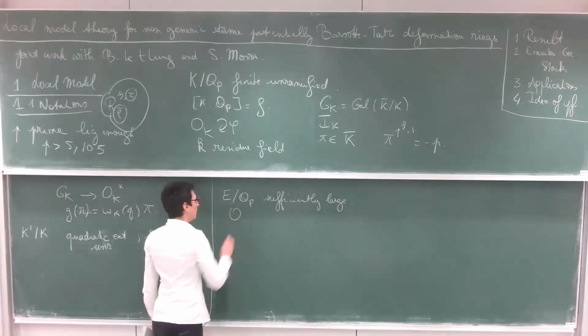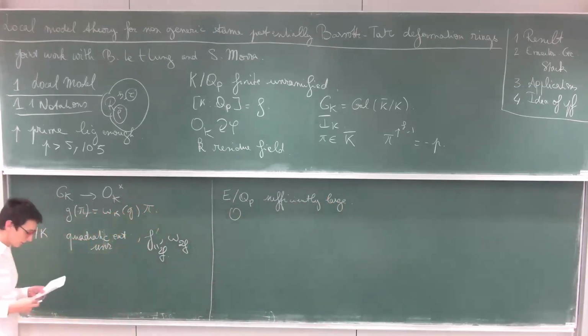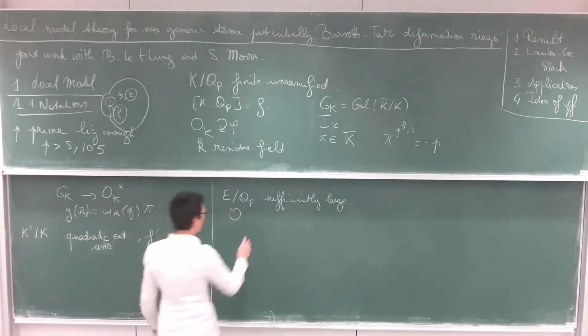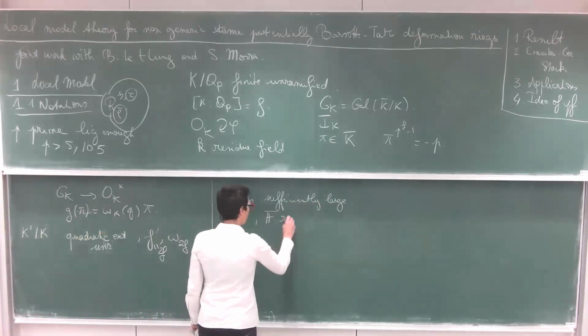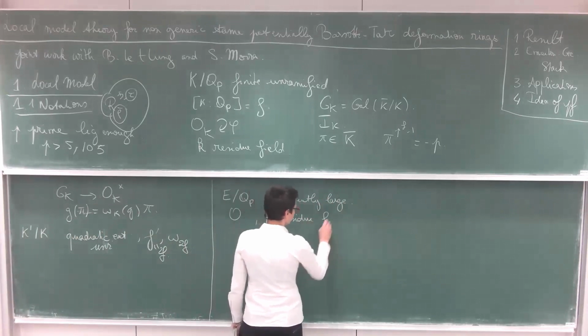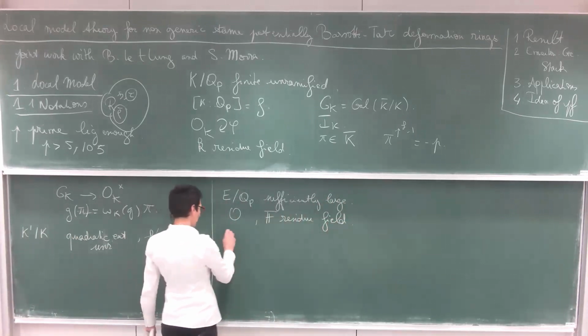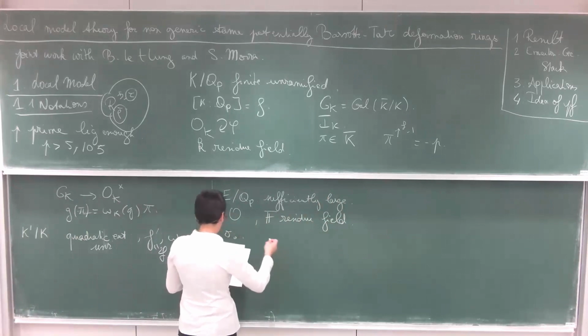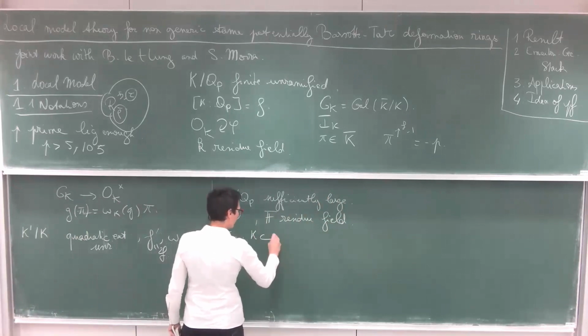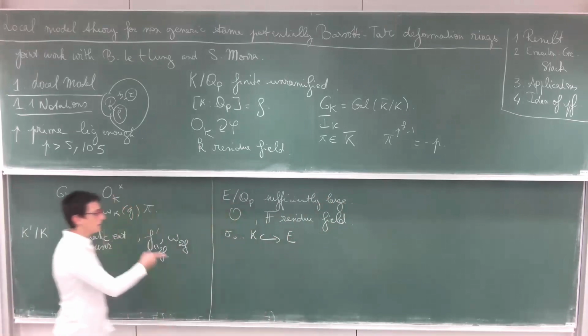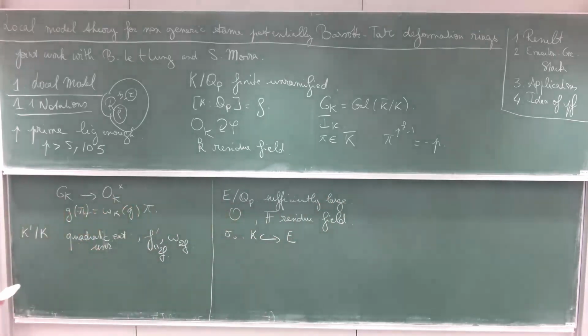So O will be its ring of integers, and I will denote F its residue field. And I will fix an embedding of K in E, since I assume that E is big enough.